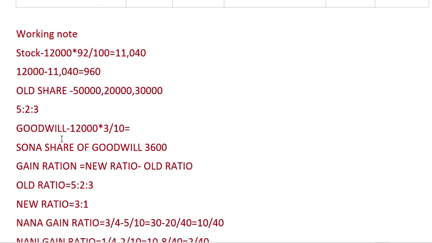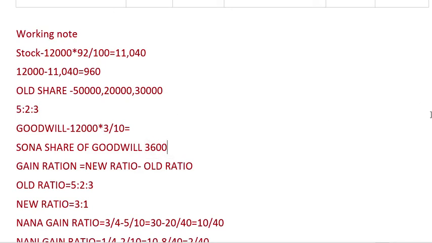Goodwill of the firm is 12,000. We'll calculate only Sona's share, which is 3 divided by 10. From where did I get this 10? 5 plus 2 plus 3 is 10. So Sona's share of goodwill, 12,000 into 3 divided by 10, we get 3,600.